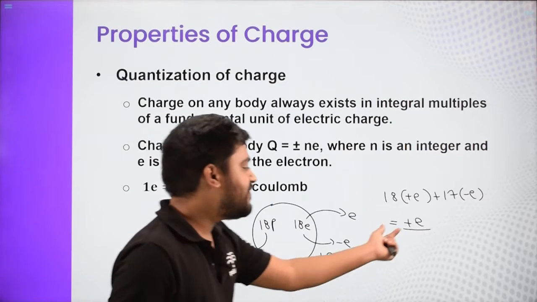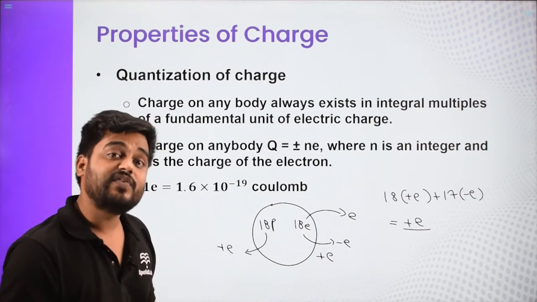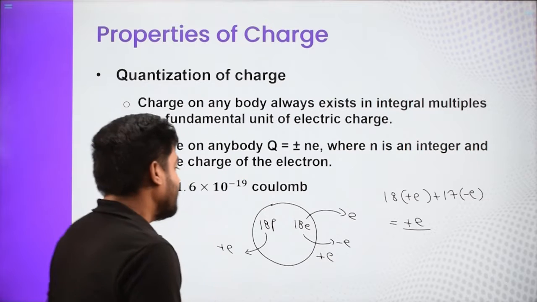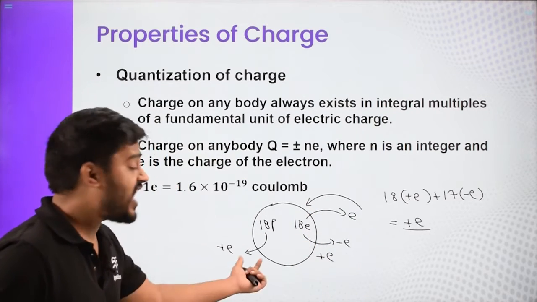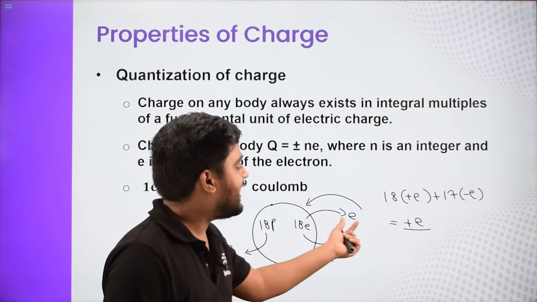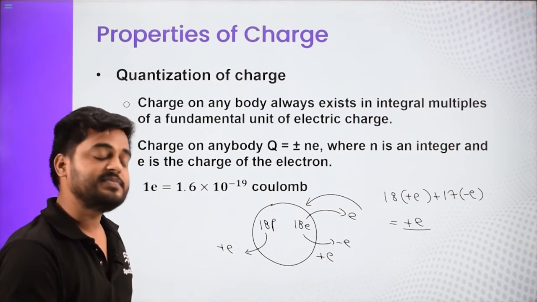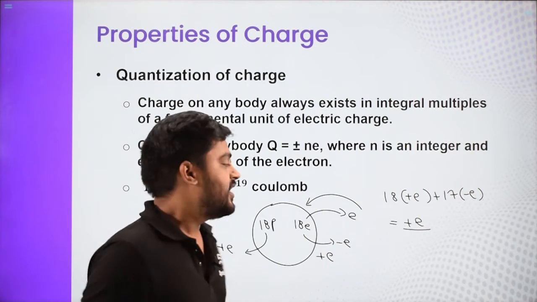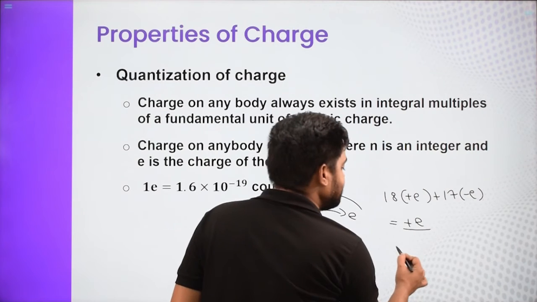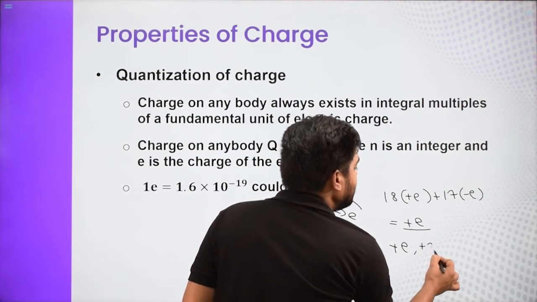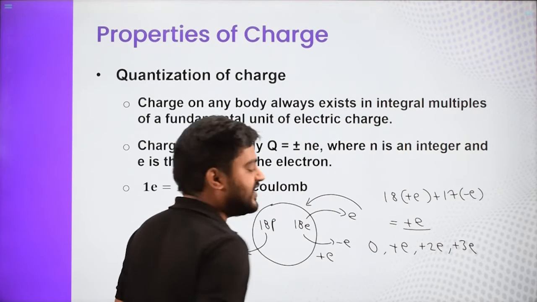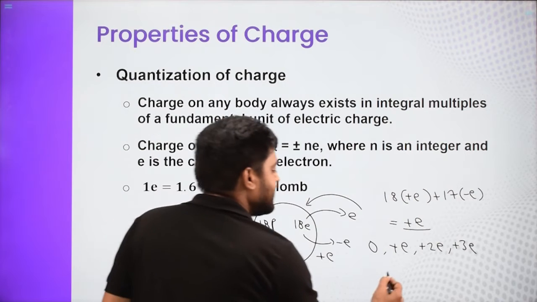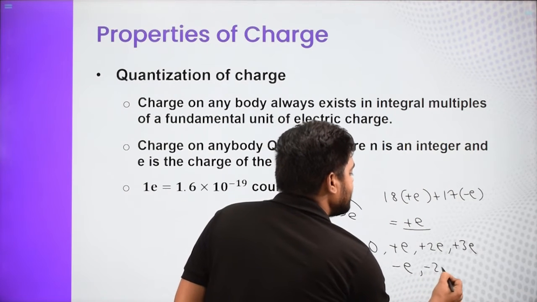So now it can be 1. If 2 electrons leave, it will be +2e. Similarly, when 1 electron comes to it, the charge on the body is going to be -e, and when 2 electrons come, it is going to be -2e. So as you can see, charge can be +e, +2e, +3e, or it can be 0 initially if we are talking about a neutral object, or -e, -2e.